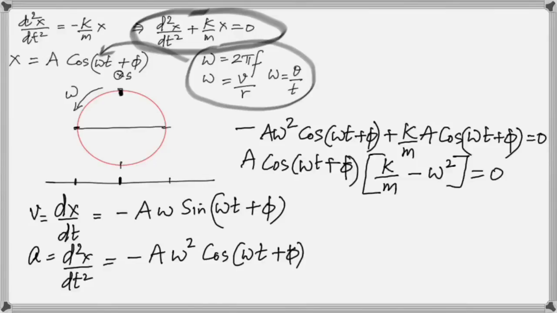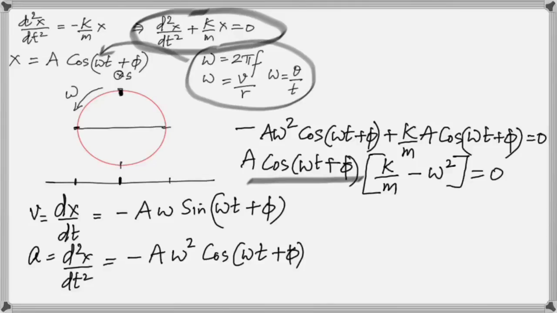Now, can this term be equal to 0? If that is 0, then x is 0. Isn't x equal to that whole term? That has no meaning, because x is a function of time. x can be 0 only once in a while. You can't say x is 0 all the time, which means there's no oscillation.